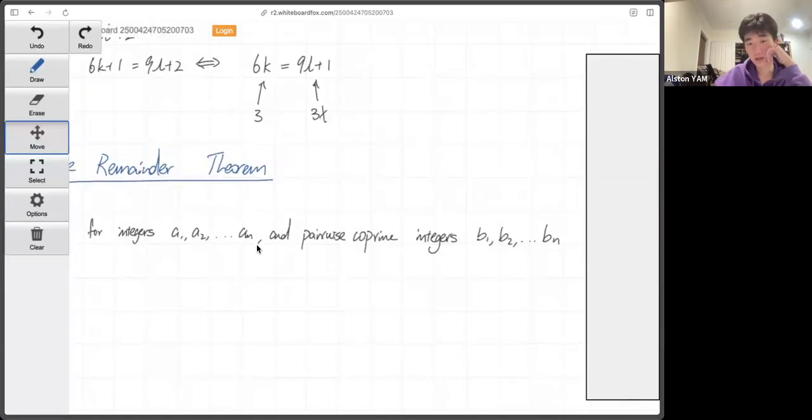So that's just n numbers, any integers for the a's, and then the n numbers for the b's must be pairwise coprime. So any 2 of them have a greatest common divisor of 1.